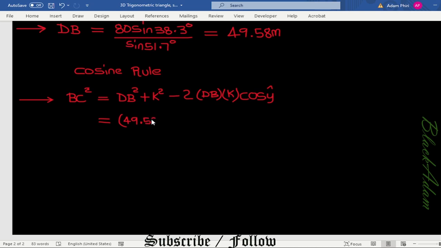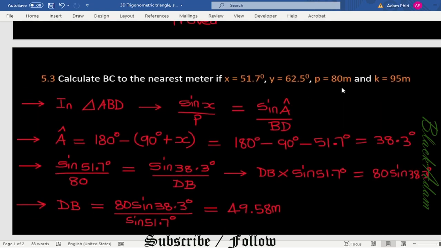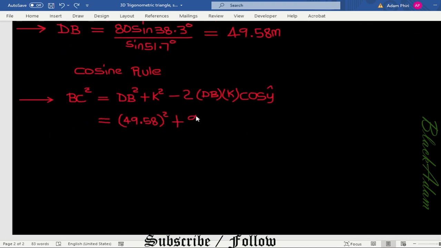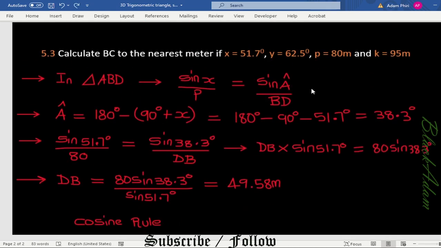So dB is 49.58 squared, and then we have k squared. K is let's look over here. K is 95 meter, so we're going to have 95 squared minus 2 times 49.58 multiplied by 95, and that will be cos our y value. Okay, let's go check for y value.